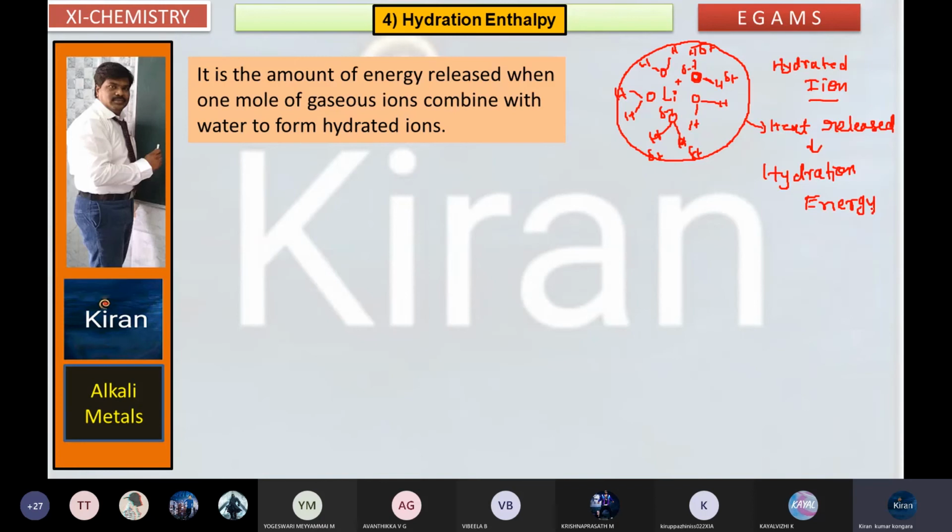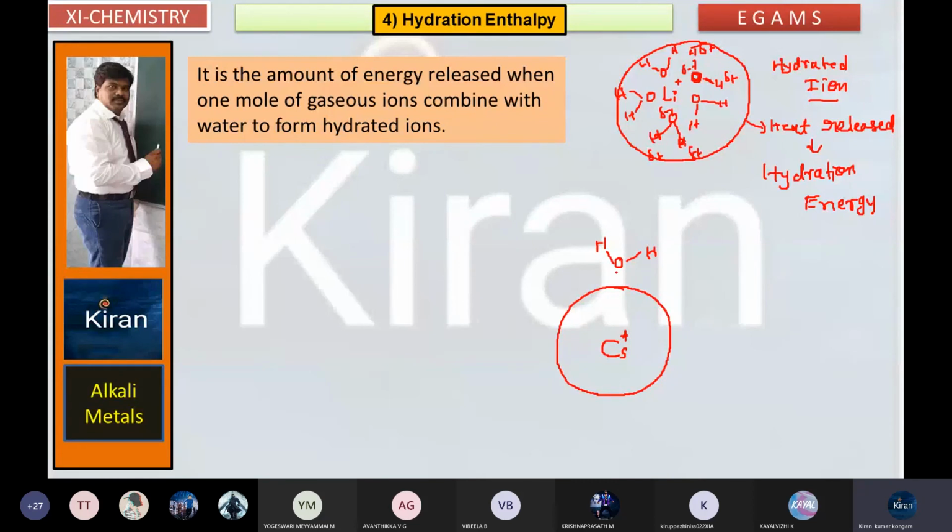Fine. Now when you take a cesium atom, I am taking cesium into the water. Cesium also forms a cesium ion, but the cesium ion size is very big. This is the cesium ion, and this is the nucleus. This nucleus holds a very small number of water molecules because the positive charge effect on the water molecules is very less.